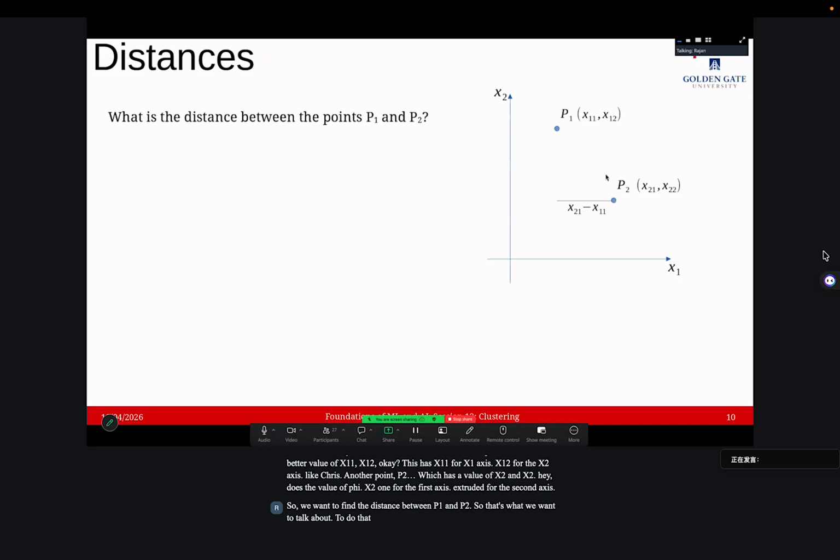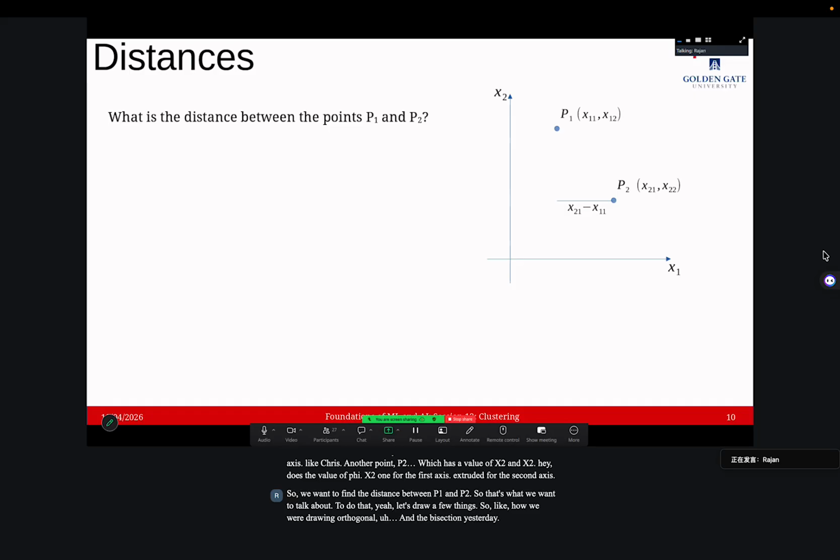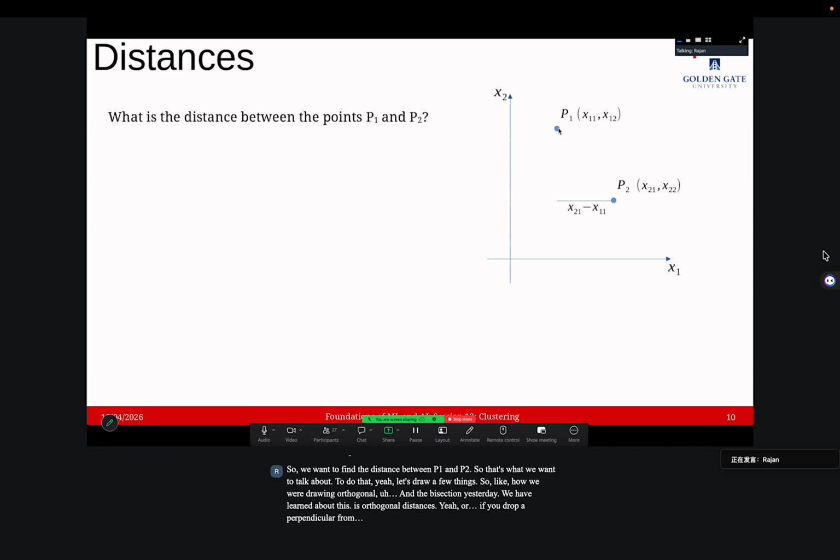To do that, let's draw a few things. Like how we were drawing orthogonal bisection yesterday, we are going to draw these orthogonal distances. If you drop a perpendicular from one point to one of the axes, here is the perpendicular from point P1 to the x1 axis. Find the perpendicular distance of P2 from that line.